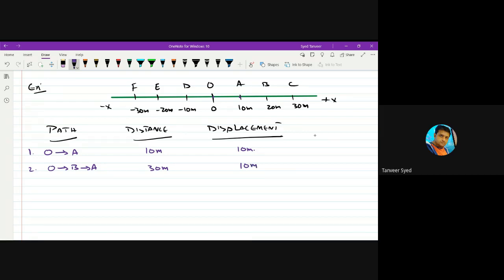To write displacement, you should look only at the initial position and final position. Initial position of the body was O. Final position of the body is A. And O to A, the shortest path is 10 meters.